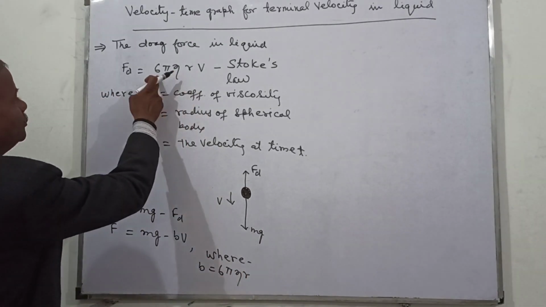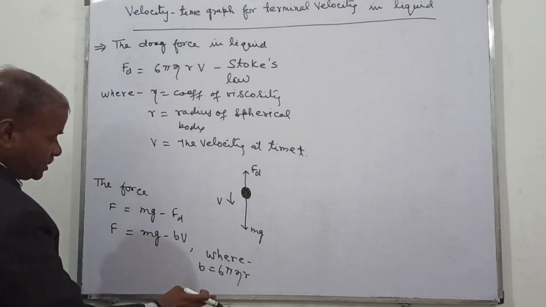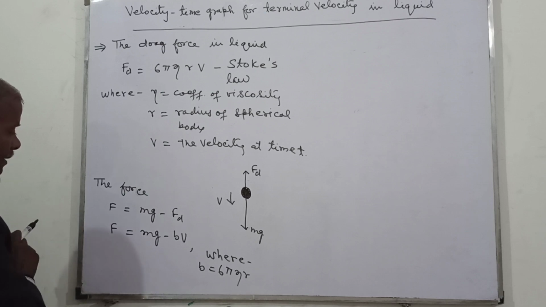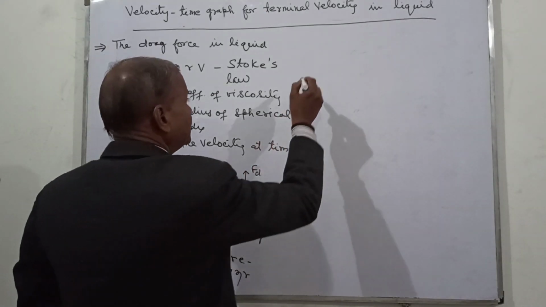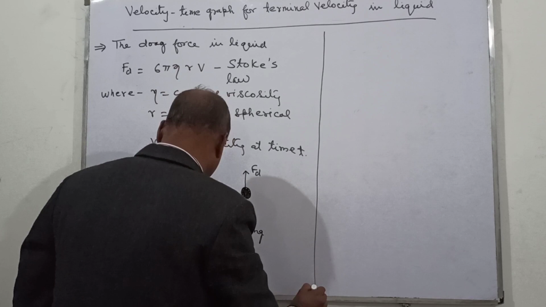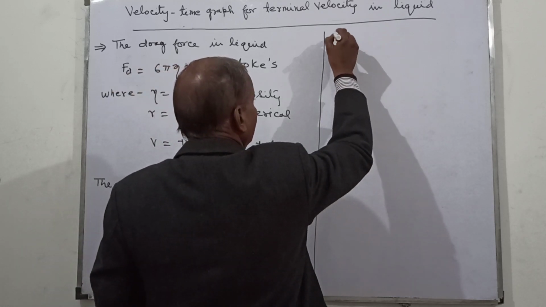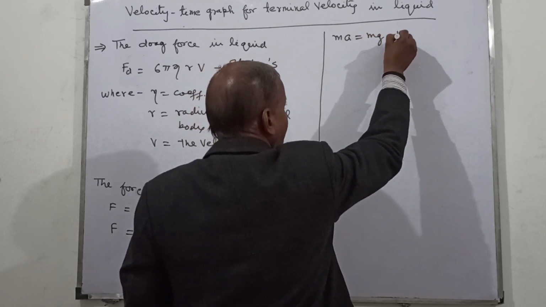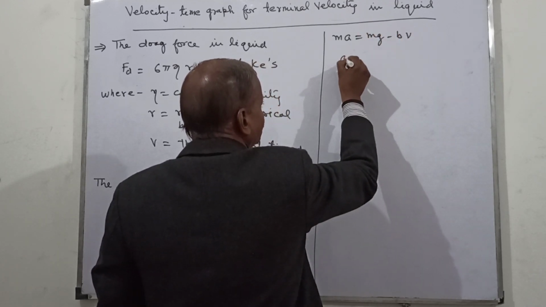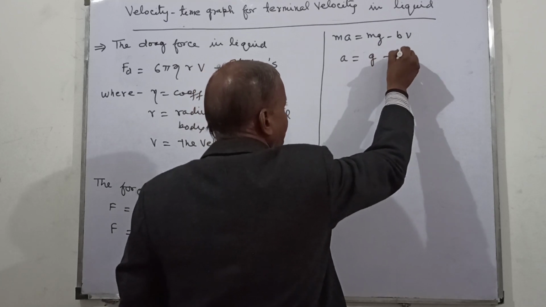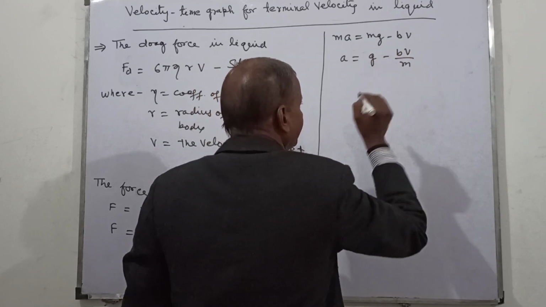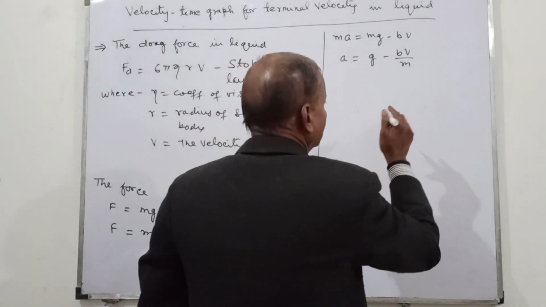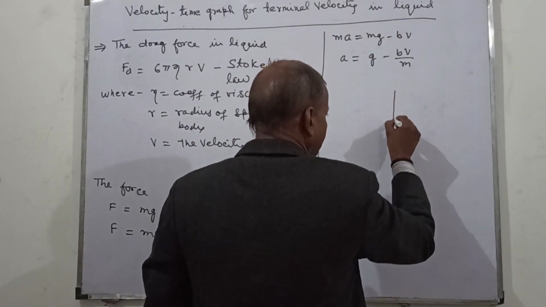As we have taken this 6 pi eta r, this is equal to b. So this is now the force. Now what will be the acceleration? F equal to ma equal to mg minus bv, so a equal to g minus bv upon m. This is the acceleration.